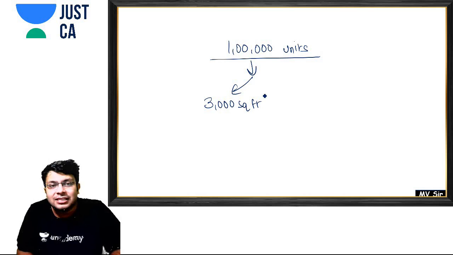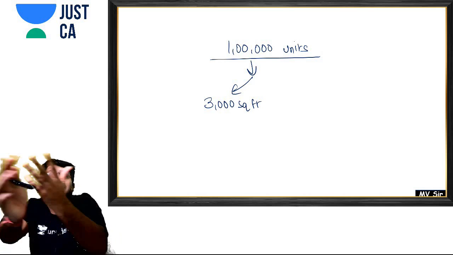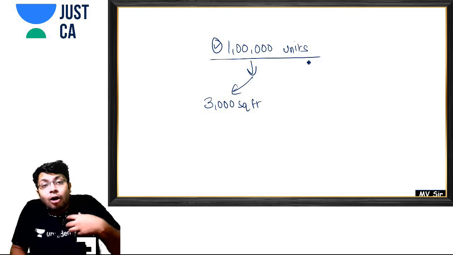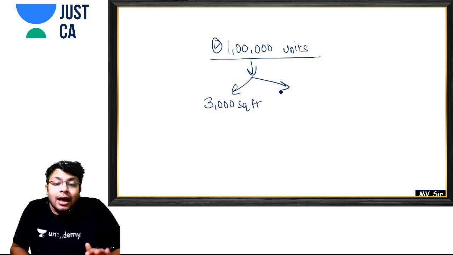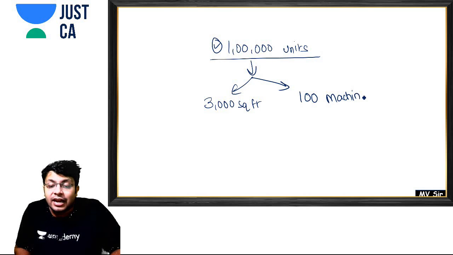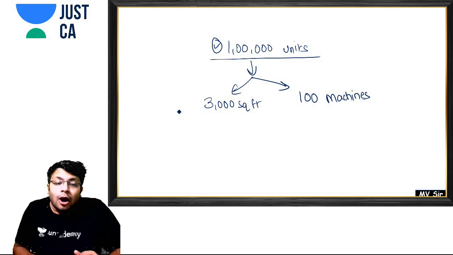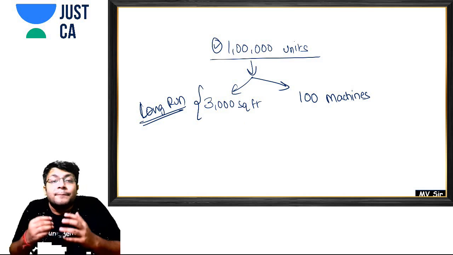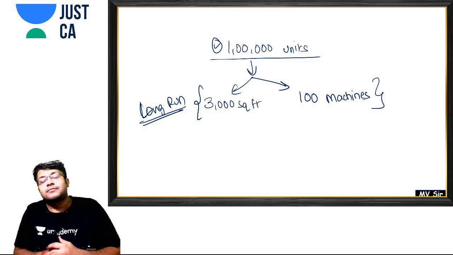I'm just taking an example that I would require a factory of 3000 square feet if I want to produce 1 lakh units of my product. And I would require, for example, 100 machines. I'm just taking an example. So now I do this planning in the long run, and I build a plant, a factory, using this.